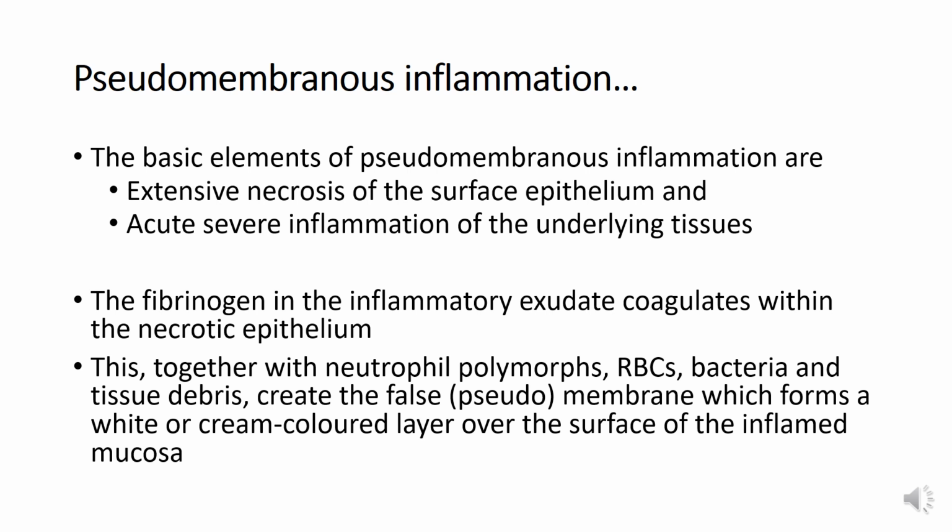It covers the upper airway, the larynx, the pharynx, and that can easily cause respiratory embarrassment, and the patient can go into failure and arrest if nothing is done. Usually the membrane is grayish white or cream in color, and it is usually seen covering the upper airway.